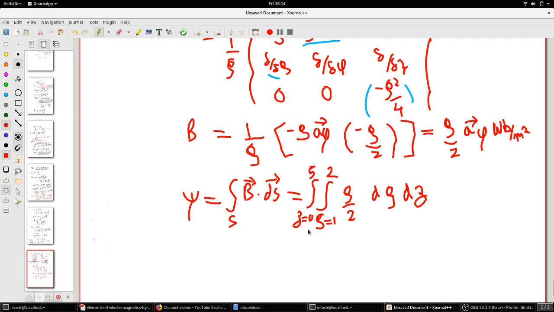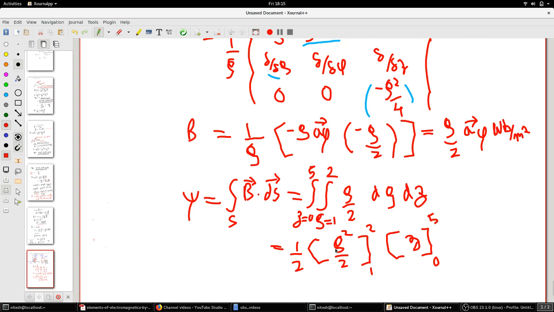So when I solve this, half will come outside, and you will get rho d rho will be rho square by 2, and this rho will be from 1 to 2, and we will have our dz will be z from 0 to 5.